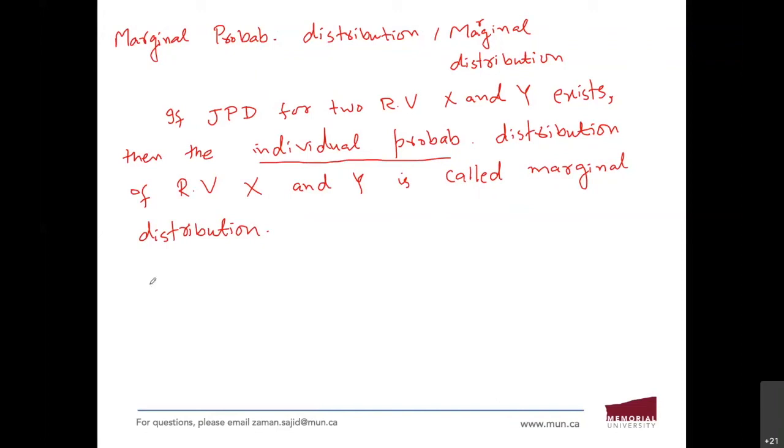Now, if I have this joint distribution of x and y, where x is equal to x and y is equal to y, how do we find the marginal probability?